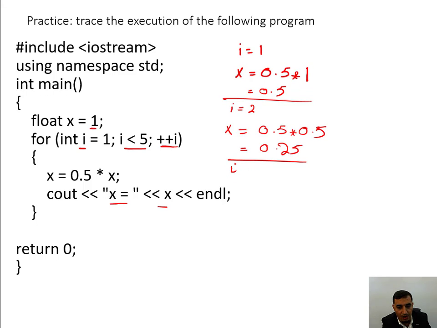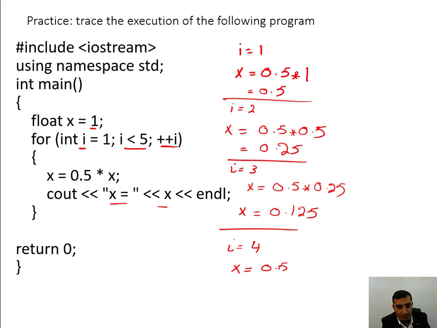Then we are going to say I is equal to 3, where x will equal 0.5 multiplied by 0.25, which is equal to 0.125, which is the value of x. Display it once more. Then I is equal to 4. X will equal 0.5 multiplied by 0.125, which is equal to 0.0625, and over here we are going to display this value of x.